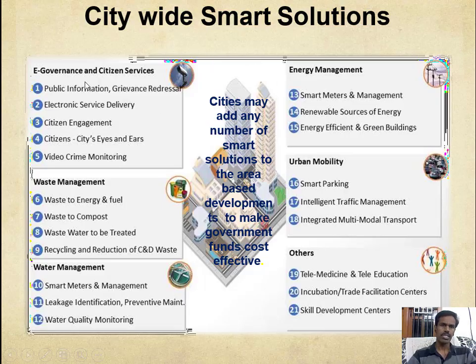For example, for e-governance and citizen services, we have to provide electronic service delivery, citizen engagement, and video crime monitoring. All those things have to be implemented in the smart city to help the citizen, because citizens are the eyes and ears of any city. Therefore, we have to take much care of the citizens.